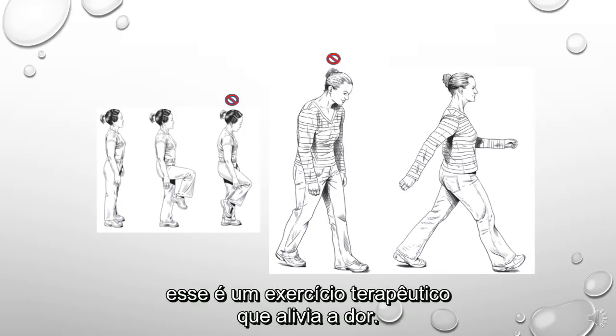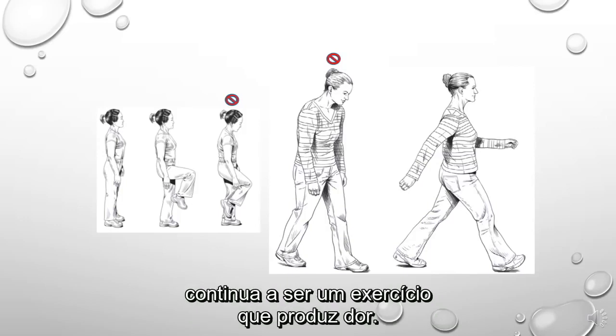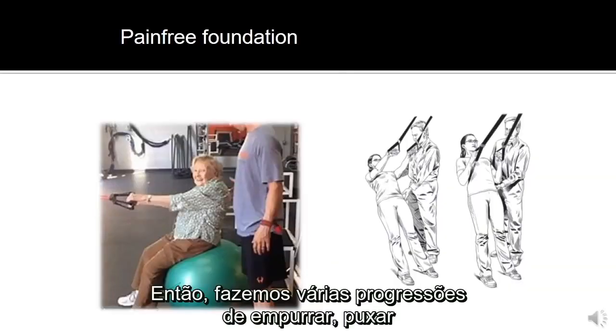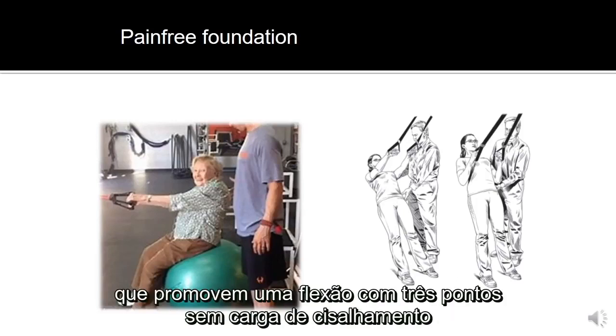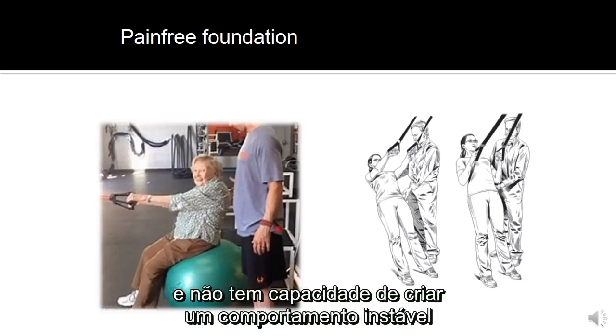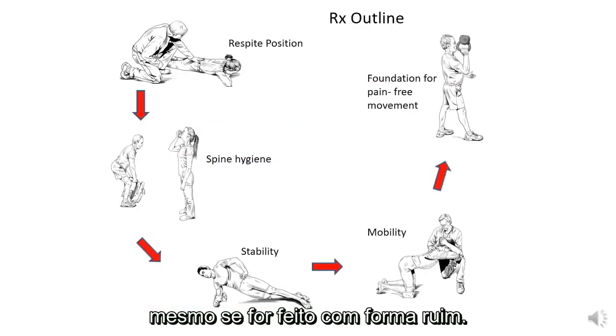This is a therapeutic exercise that relieves pain, but walking left with this posture continues to be an exercise that induces pain. We then go into various progressions of pushes and pulls and lifts and loads and carries using TRX straps, which once again is a 3-point bend. There's no shear load or ability to create unstable behavior with a pull performed in that manner.